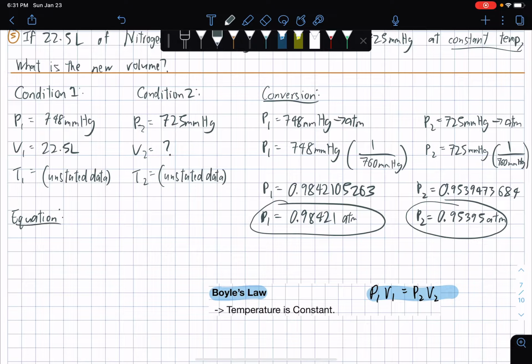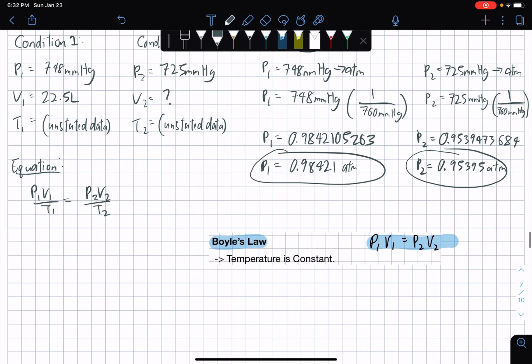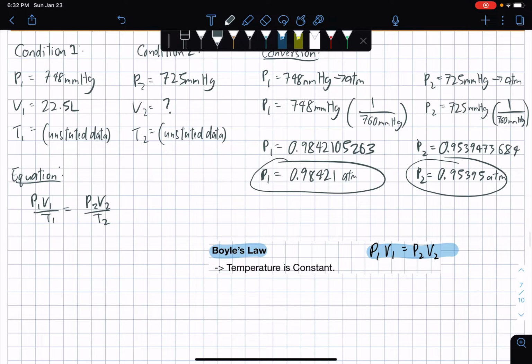As always, with problems involving condition 1 and condition 2, our equation will be based upon the combined gas law formula, which is basically P1V1 over T1 is equal to P2V2 over T2. So, apply literal equations because we're trying to find V sub 2, butterfly technique. V sub 2 is equivalent to P1V1T2 over T1P2.